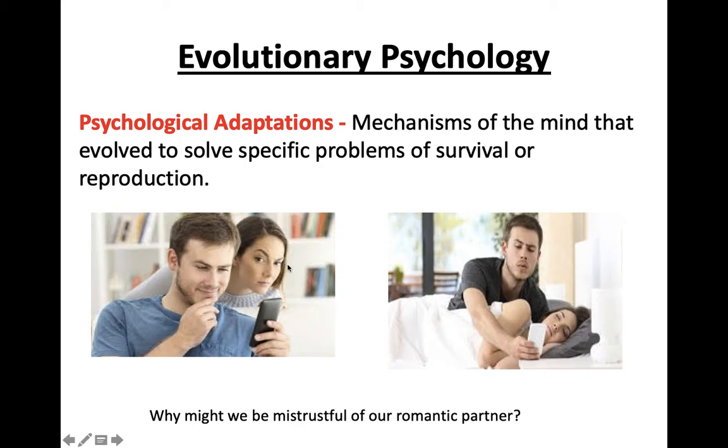In the first case, think about the jealous girlfriend who's looking over his shoulder, saying, oh, I don't trust him. Who is he talking to on the phone? Who's he texting with? What are all these messages about? That would be adaptive from a strictly biological species perspective of wanting to pass on one's genes.